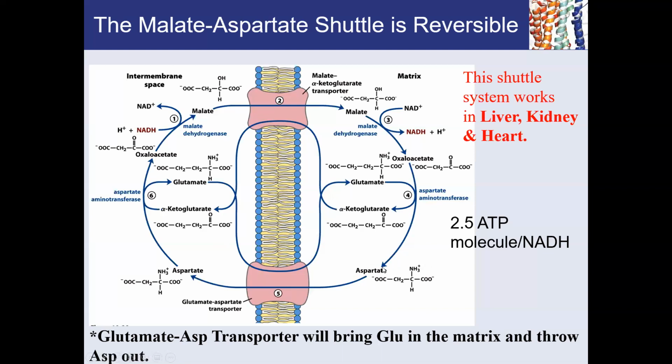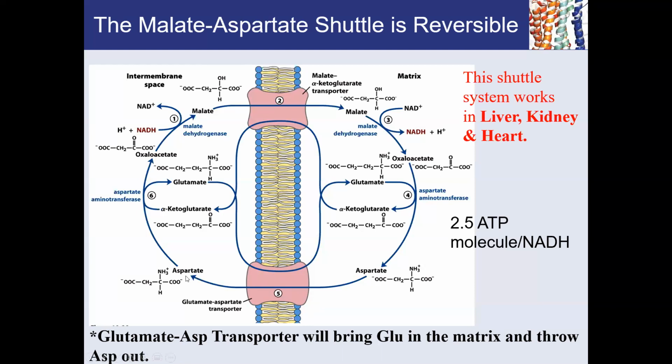Remember the urea cycle discussion? Yeah, the same. The aspartate actually comes out into the intermembrane space. You remember the same type of reaction happening when we discussed the reactions of the urea cycle on that slide. Yeah, it's the same one. So aspartate will actually come out, right? And it comes out through the glutamate aspartate transporter system.